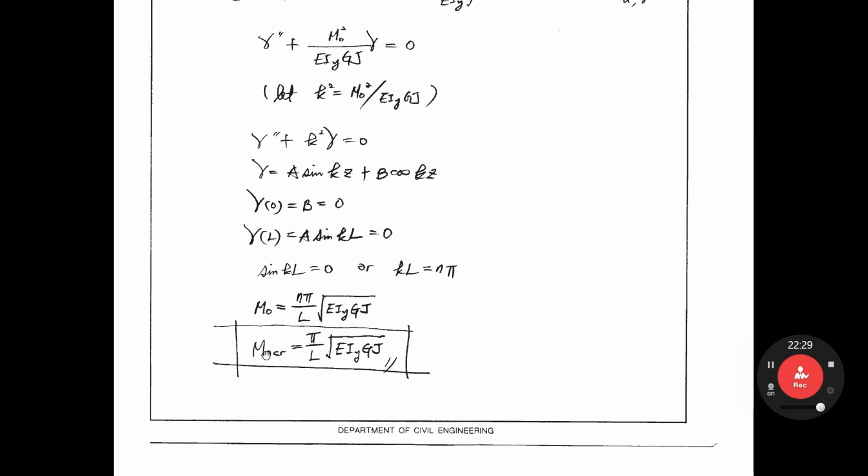So the critical moment, M0cr, is for n equal 1, the minimum value, so π/L times the square root of EIy GJ. That is the critical moment regarding a simply supported beam.